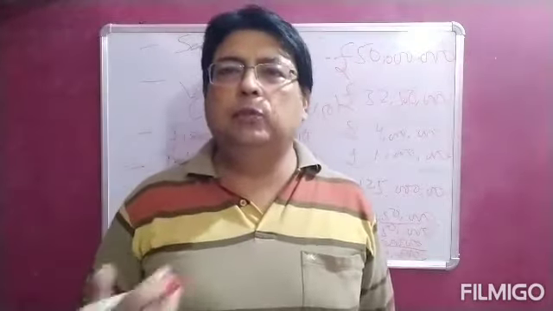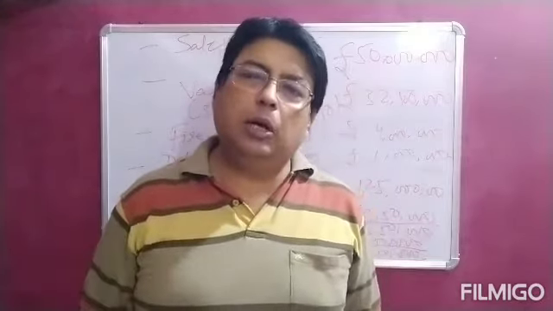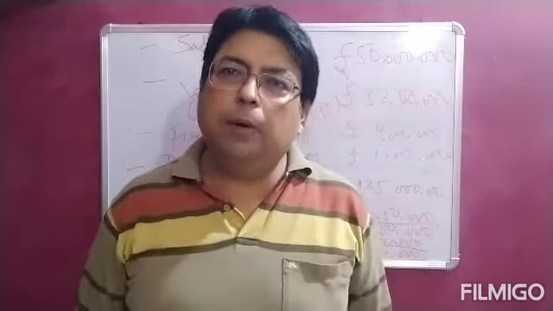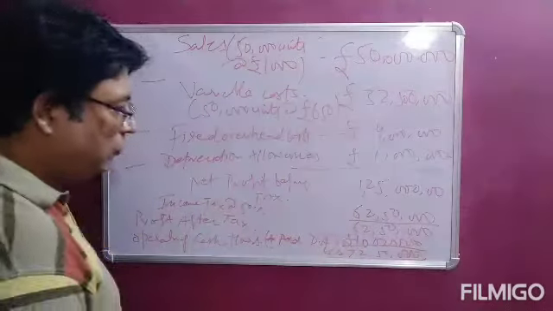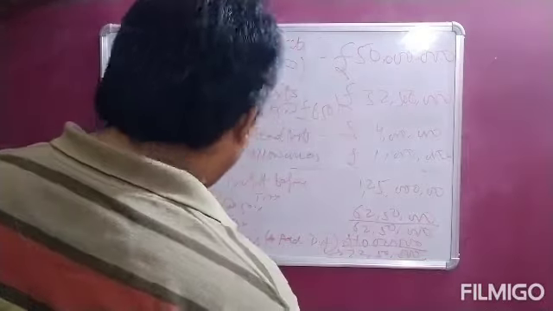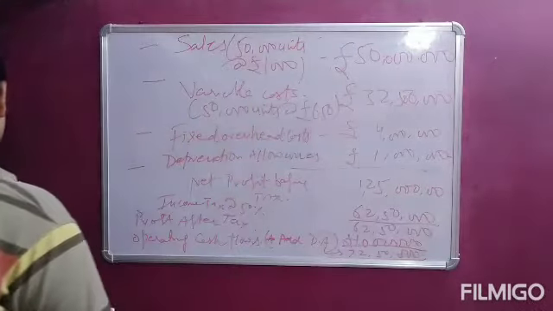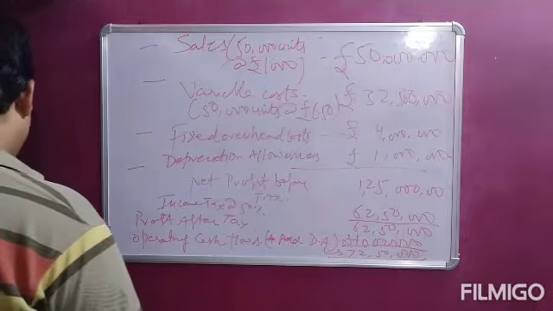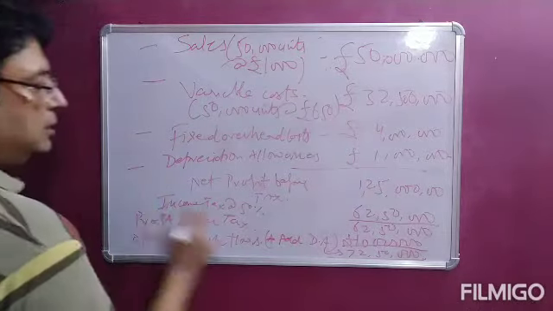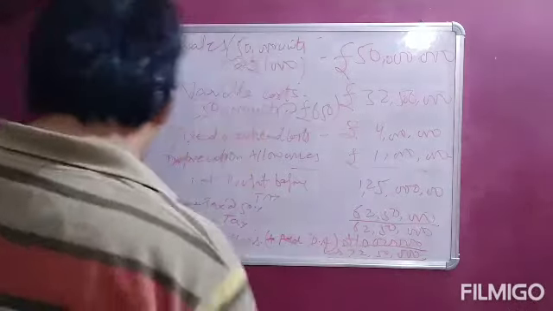pound. And if you convert this figure into dollar terms at the rate of $1.6 per pound, you just multiply this figure by 1.6, and it comes out to be 1 crore 16 lakhs. So 1 crore 16 lakhs in dollar terms.